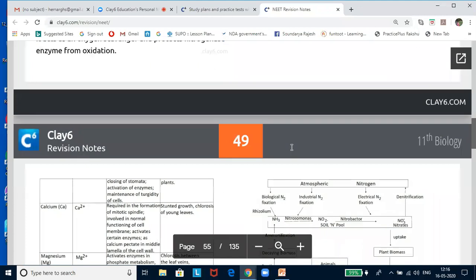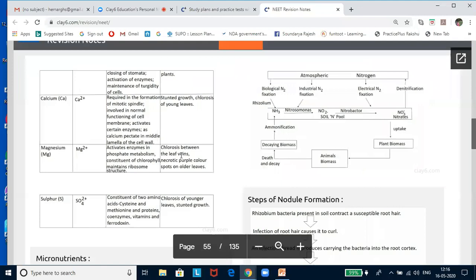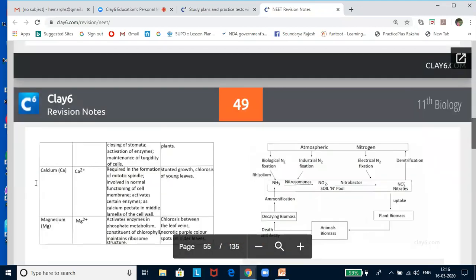Now the next one is calcium. It is absorbed as calcium ions. Calcium is a component of calcium pectate, which is found in the middle lamella.